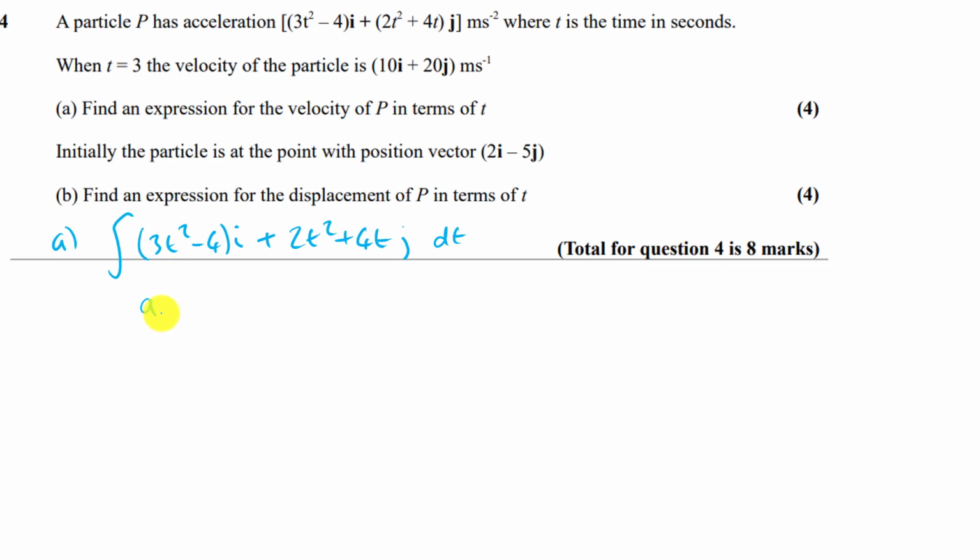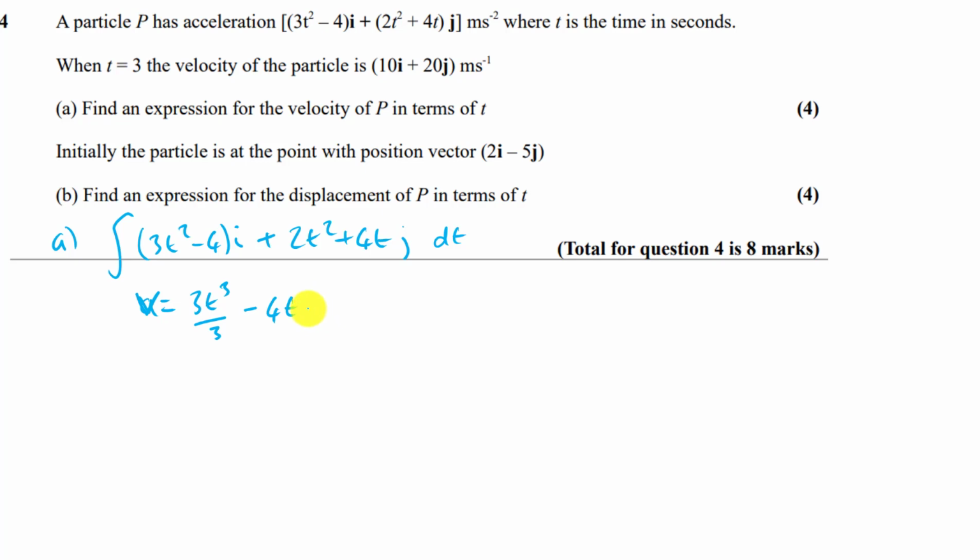So a is going to equal, v is, this is a. So v is going to equal, if you're going to show your working out, now remember what happens when we integrate. What do we have to include?